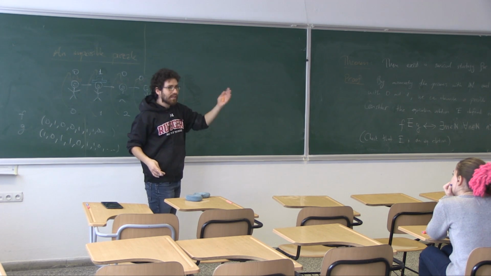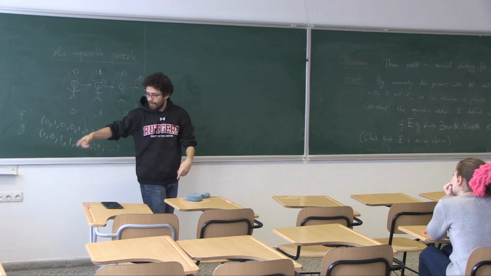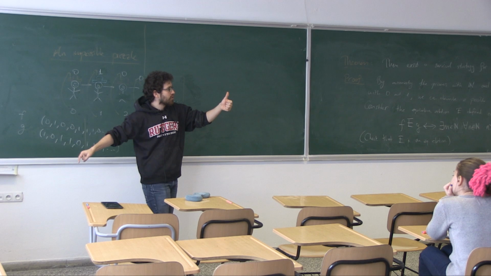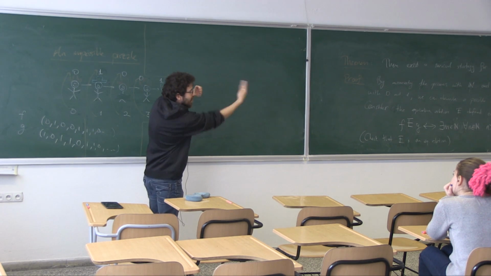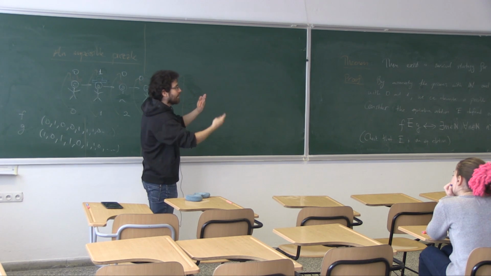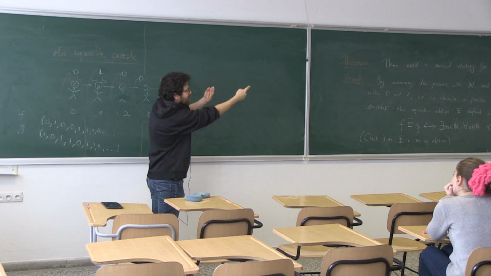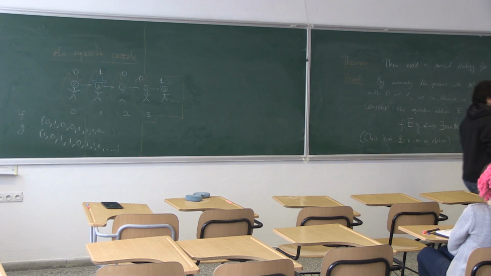So I code this into a function from natural numbers to 0, 1. It's like I've constructed a function which takes the values 0, 0, 0, 0. Then for the colors I see, I simply code what I see. If I see blue, I put 1. If I see red, I put 0, and so on. So I just construct a hypothetical scenario.